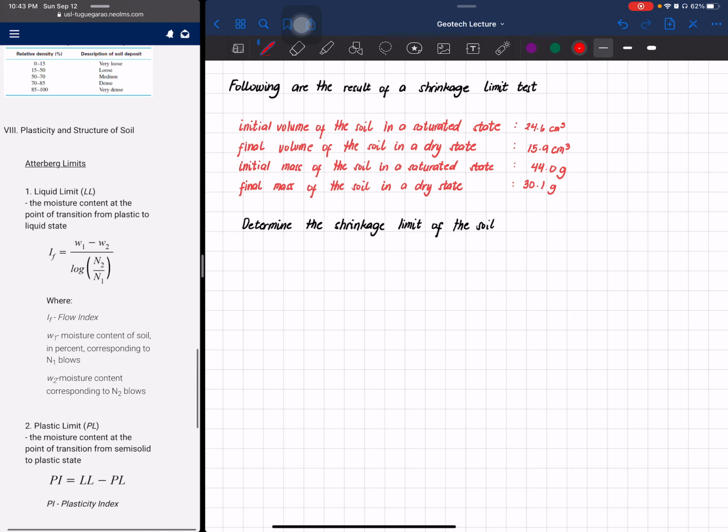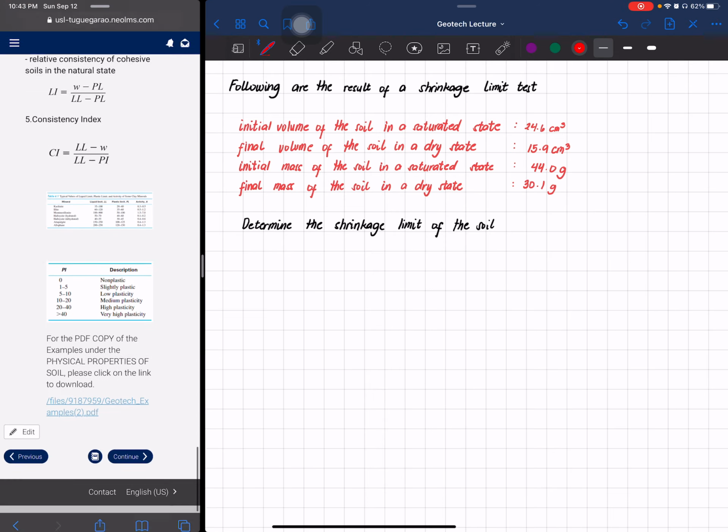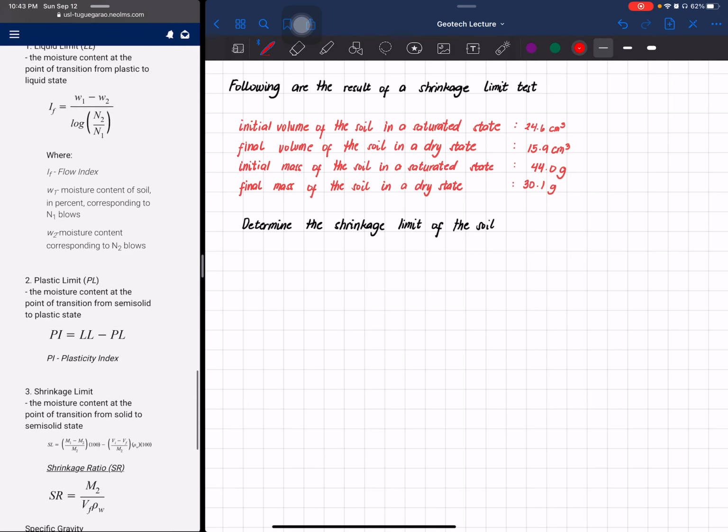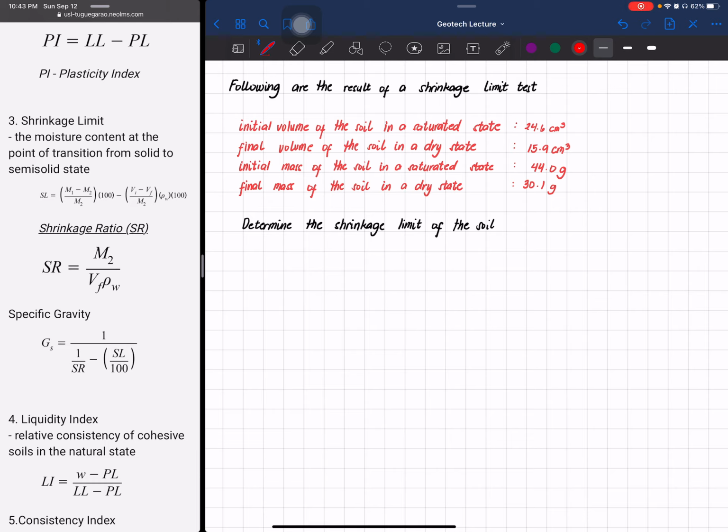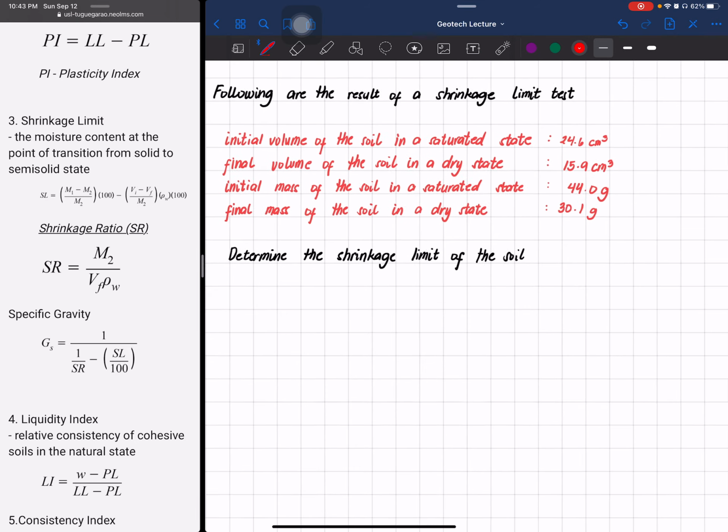Okay, sabi dito, shrinkage limit test. Okay, so punta na tayo dun sa shrinkage limit. Ito. Okay, so we have the initial volume there, and then we have the final volume, which is 15.9. The initial mass, 44, and the final mass is 30.1. Determine the shrinkage limit of the soil. So, very basic lang siya, direct substitution sa formula.